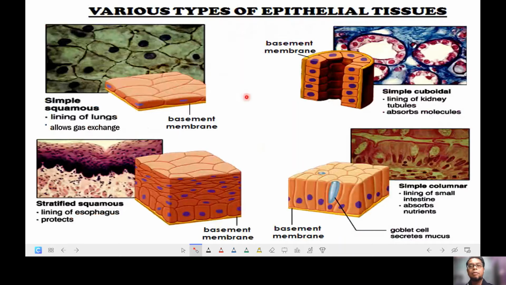Now, what about the epithelial tissues? There are many types of epithelial tissues. It all depends on the type of epithelial cells and also how many layers of cells can be found.